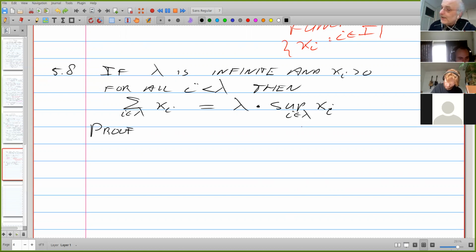Right. So here is, and we call that supremum, we call that mu. Okay, so mu is the supremum of those cardinals. And here is the first inequality.